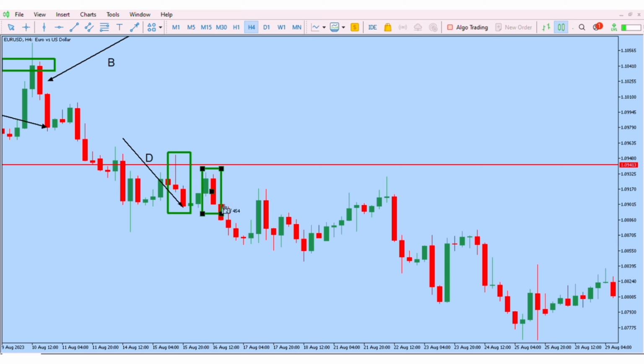This engulfing pattern is another selling opportunity. There is a bearish candlestick after the close of the pattern, and there is a price rejection here.